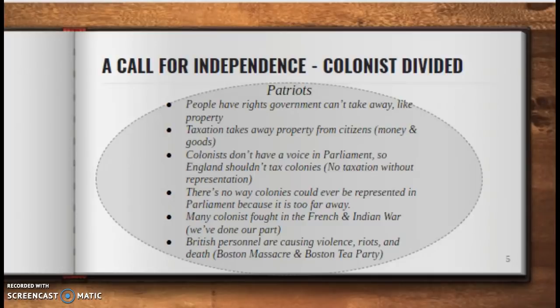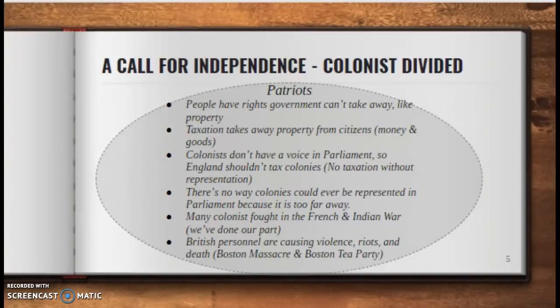Patriots also believed there was no way the colonies could ever be represented in Parliament because it was so far away, and with that, they should be separate. They also believed that many colonists had fought in the French and Indian War and had done their part, and this is something we've talked about so often with the Proclamation Act of 1763.